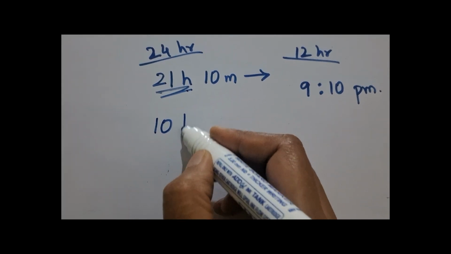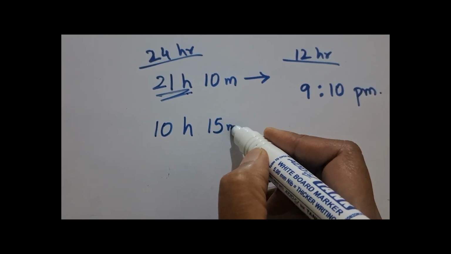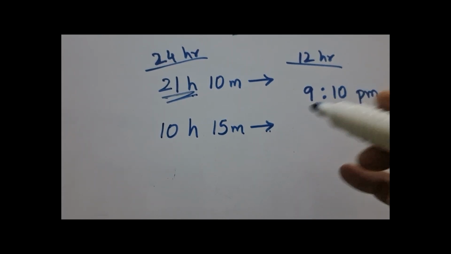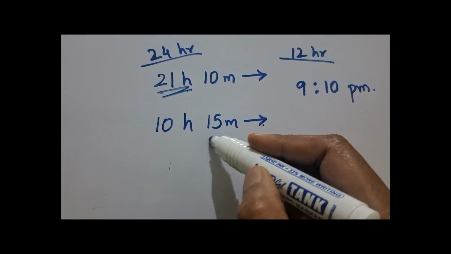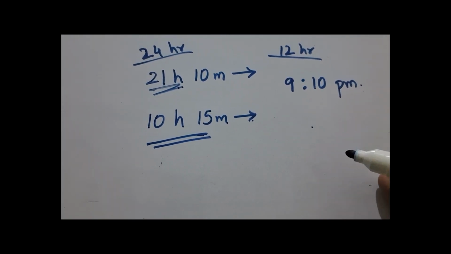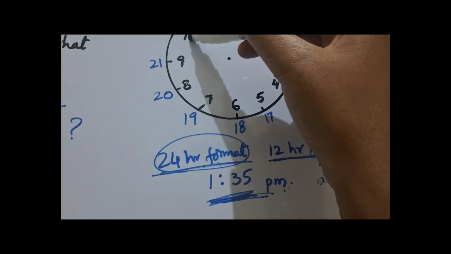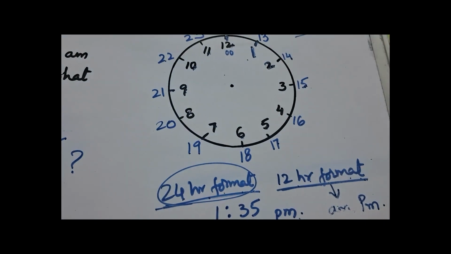Now next, suppose it is 10 hours and 15 minutes. This is 24-hour clock format. Now you have to convert it to 12-hour clock format. Then what will it be? 10 hours, here we can see, children, 10 hours is 10 hours only.